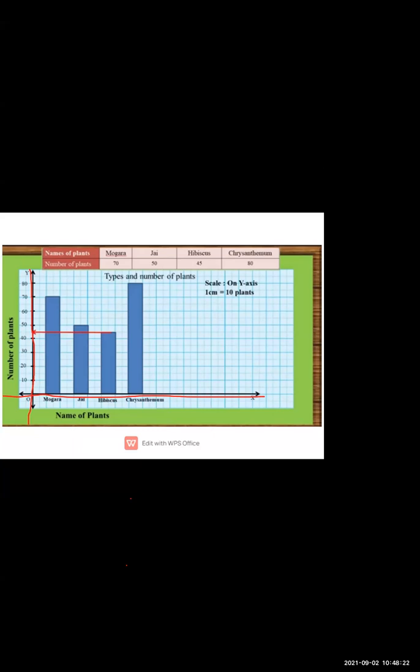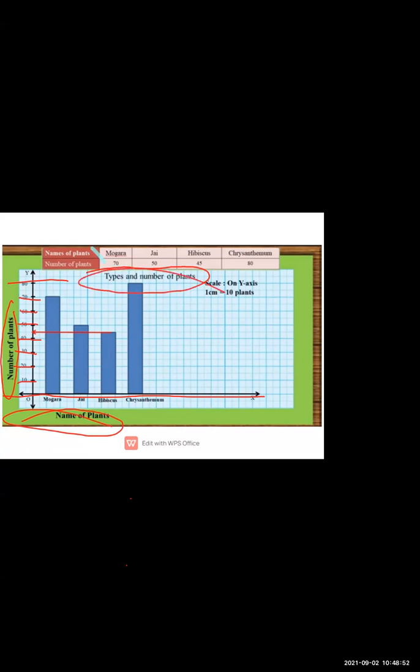It is given on the y-axis: 10, 20, 30, 40, 50, 60, 70, 80. After that you will write the names of the plants and the number of the plants. Here it is the names of the plants, here it is the number of the plants, in the middle, types and number of plants.